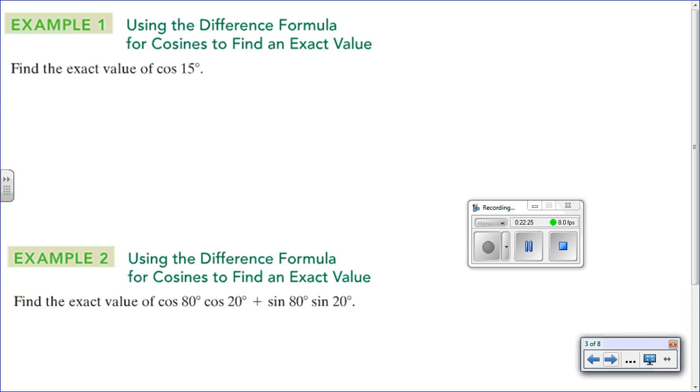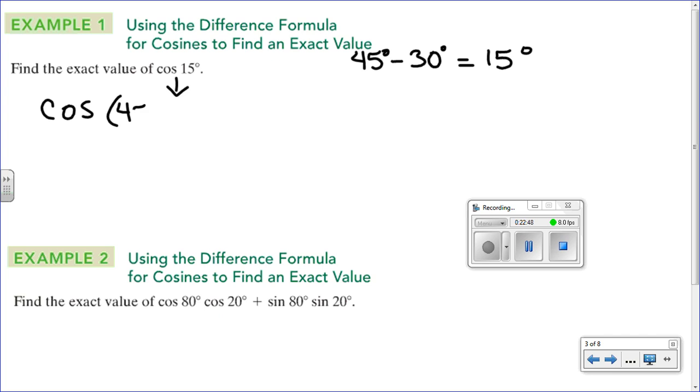Okay. You know the cosine of 45, right? And you know the cosine of 30, correct? Stop guessing. What do you get if you subtract 30 from 45? You get 15, right? So what we're going to do here, instead of the cosine of 15, we're going to say the cosine of 45 degrees minus 30 degrees.